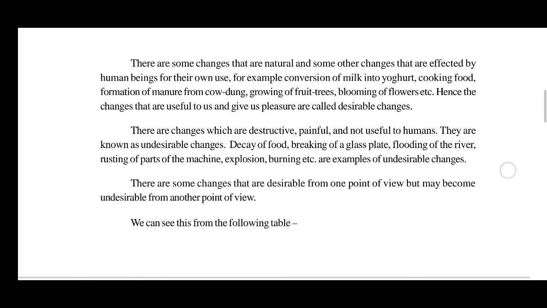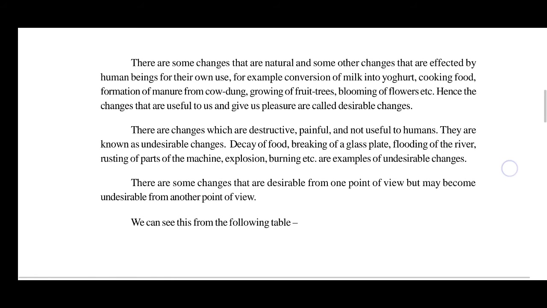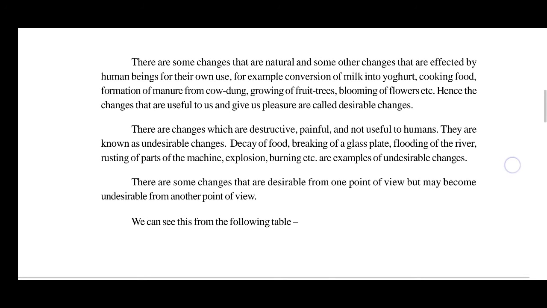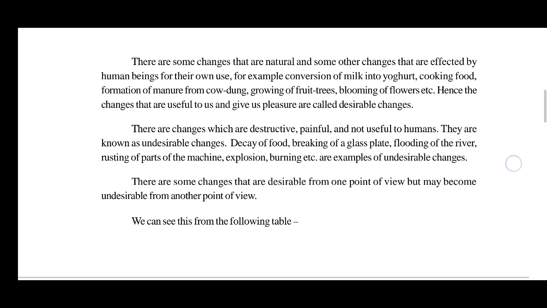They are mainly caused by human beings, when we ourselves want some change, like in our dress or our food. That is our desire, so those are desirable changes.